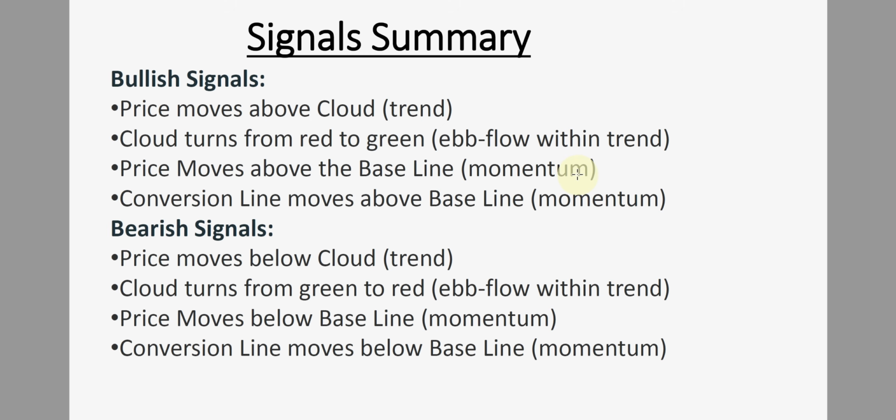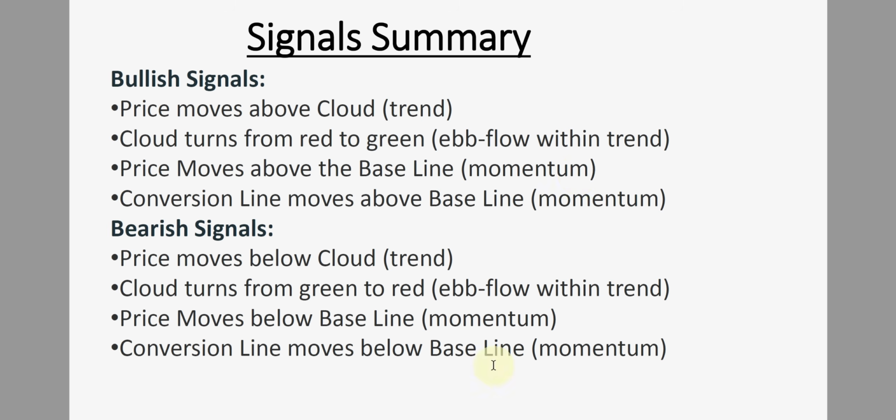Secondly, when the cloud turns from red to green, it means the trend is changing, the momentum is going towards bullish. Okay, when you see price move above the baseline, that's a bullish signal. When you see the conversion line move above the baseline, that's a bullish signal.